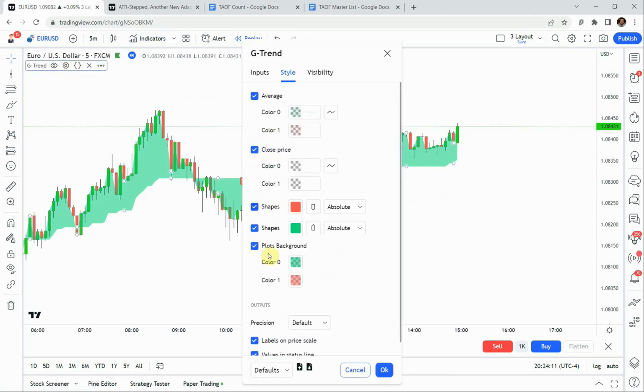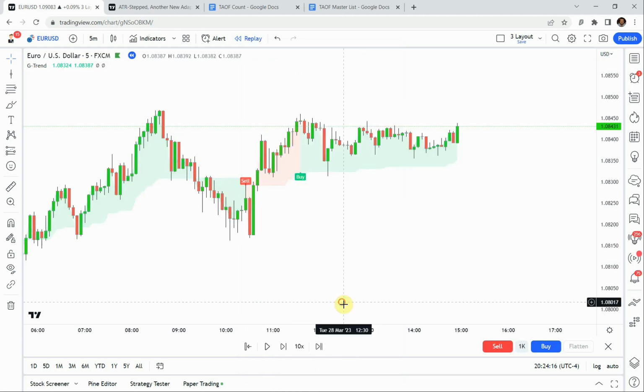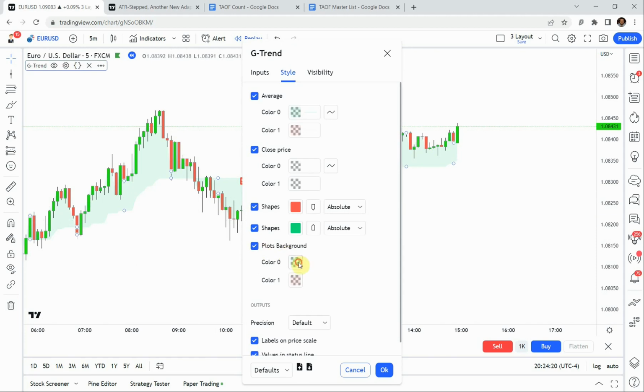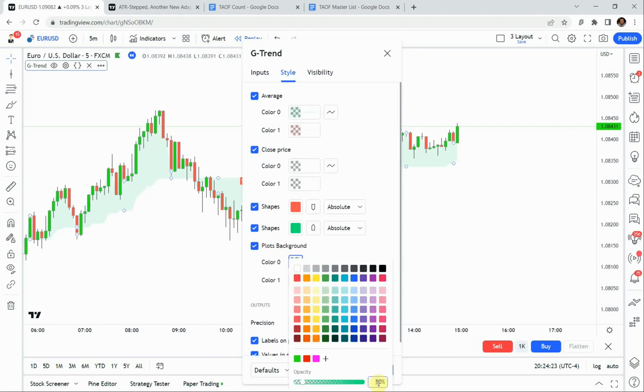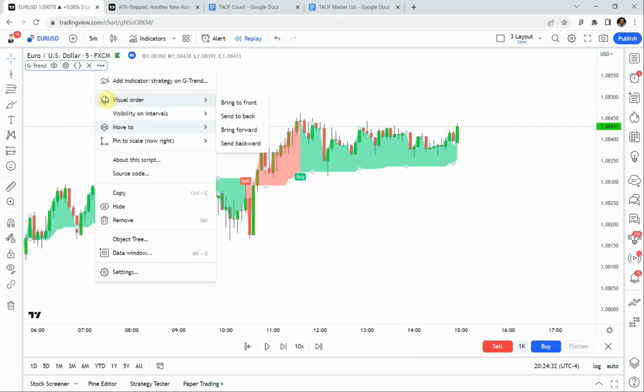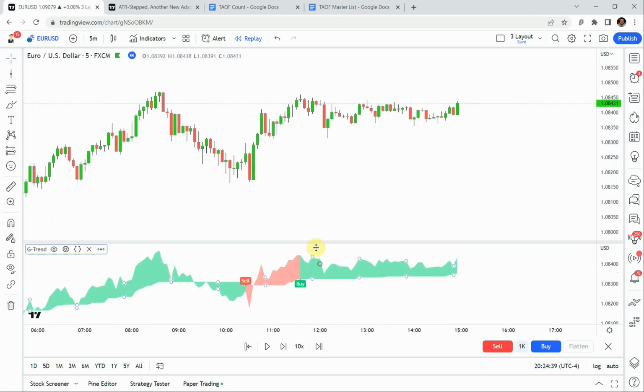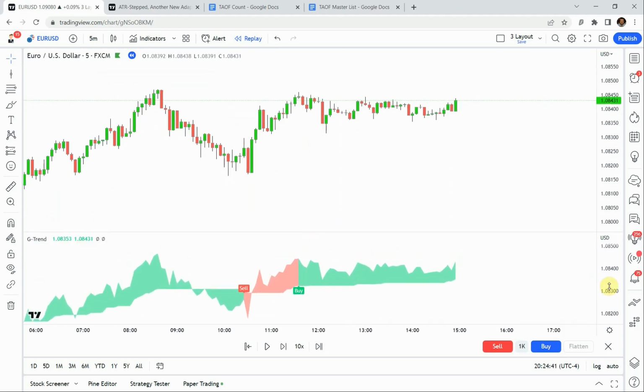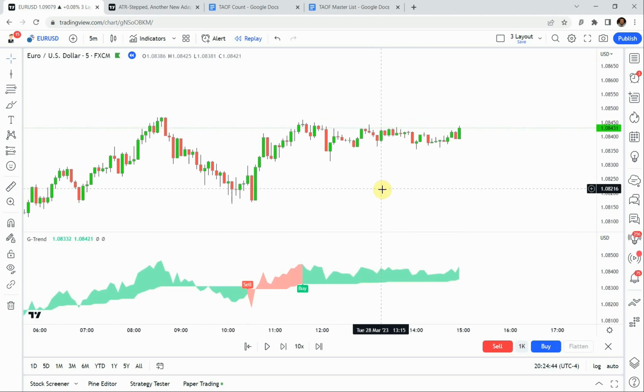In its default form, it looks like this. What I did was I went into the plot background and bumped these up to 50%, and the red one also to 50%, so it stands out a little bit better. Then I went to the 3 dots, chose move to, and new pane below, which just makes it a little bit easier to see what's going on with this indicator.